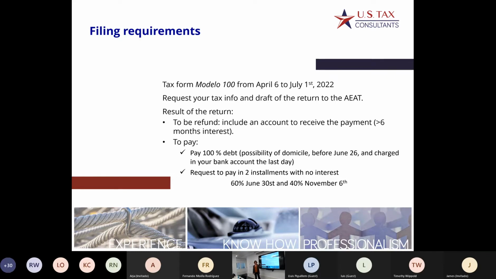After that term, they have to pay with late payment interest. In case it is to pay, you have two possibilities: pay 100% or request 2 installments with no interest.